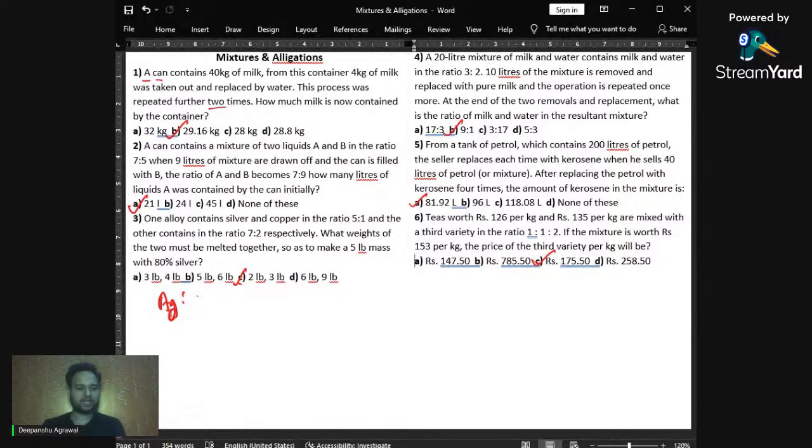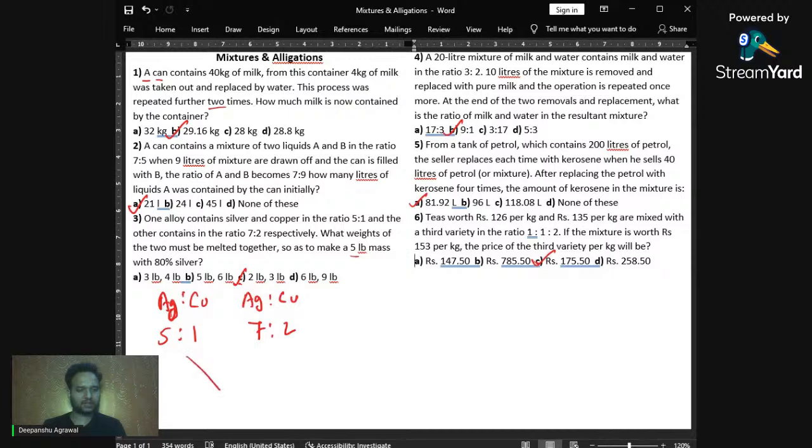So Ag and copper in the ratio 5 is to 1. Another alloy contains Ag and copper in 7 is to 2. What weight of the two must be melted together so as to make a 5 lb mass with 80% silver?